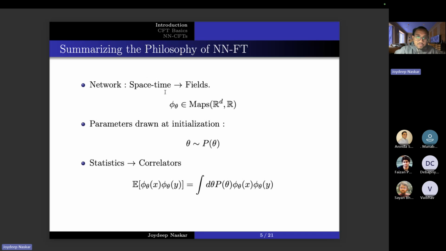So the input vector is the space-time vector, and the fields are the output. So phi is a map. The parameters are drawn at initialization at the t equal to 0 step from a certain distribution. Now, of course, there are many constraints on what this should be to get the desired type of correlators, and the statistics that you compute using expectation values give you the correlators. So that's the philosophy of this approach. Everything is going to be first principles from here. Okay.